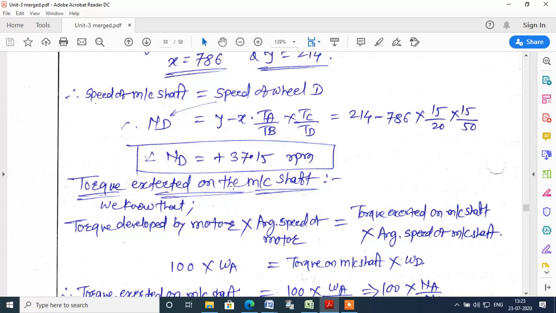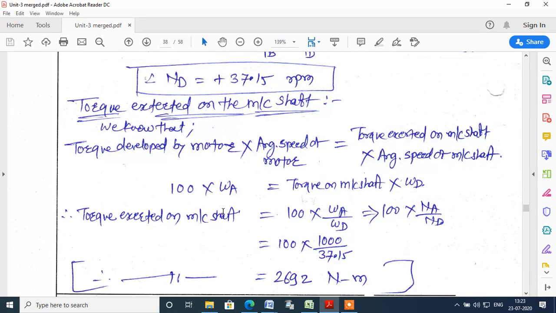Now next, it is asked the torque exerted on the machine shaft. We know the relation: torque developed by the motor into angular speed of the motor is equal to torque exerted on the machine shaft into angular speed of the machine shaft, the equilibrium condition. So the torque developed by the motor is 100, the angular speed of the motor is omega I, because A is mounted on the input shaft.